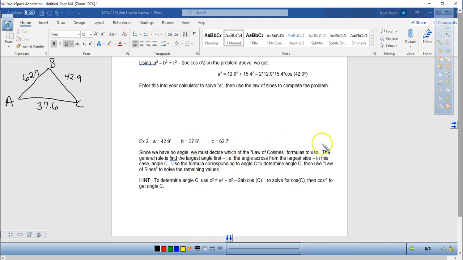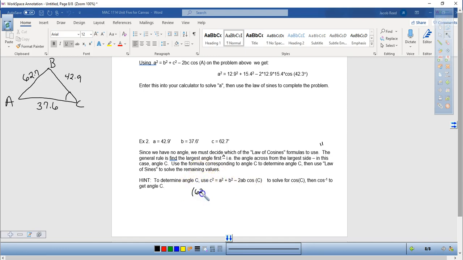And I'd like to point out what they say right here is find the largest angle first. It's a rule of thumb to find angle C first in this case because it's across from the largest side. So that's what I'm going to go for. And they've already given us the formula we're going to use. To determine angle C, use this formula. So I'm going to plug in my information.